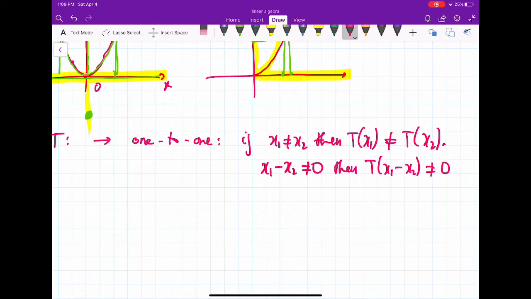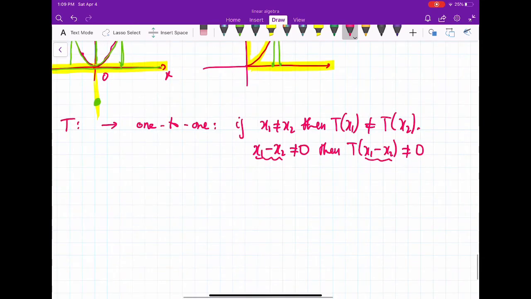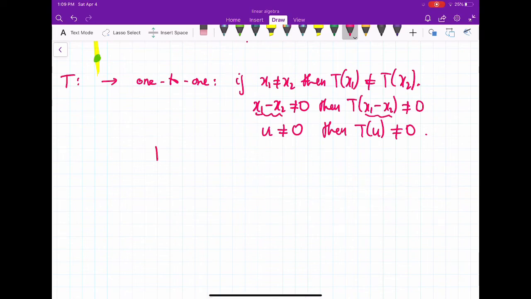So basically, if you compile them together, you can write that the map T is 1 to 1 if any non-zero vector u has non-zero image. Is that correct? So what does it mean? That means the kernel of T has only the zero vector. Make sense?